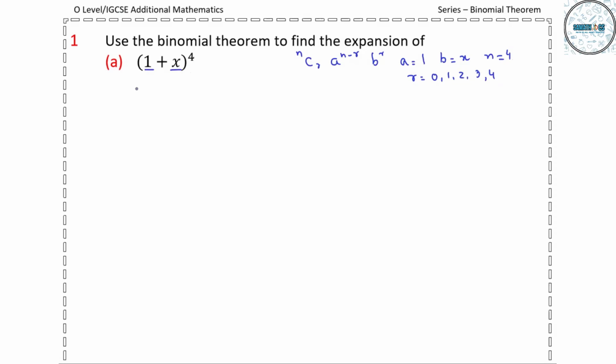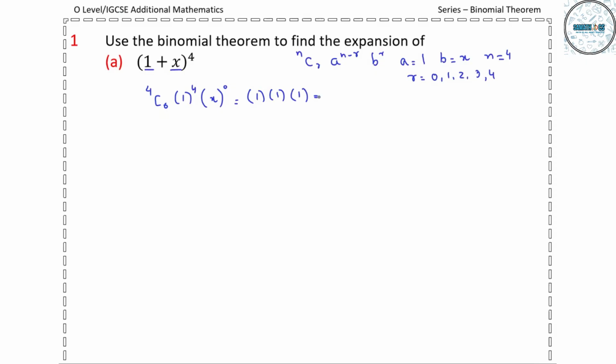For the first term, it would be 4C0, 1 with power 4 minus 0, which is 4, x with power 0. So when we simplify it, 4C0 is 1, 1 power 4 is 1, and x power 0 is also 1.